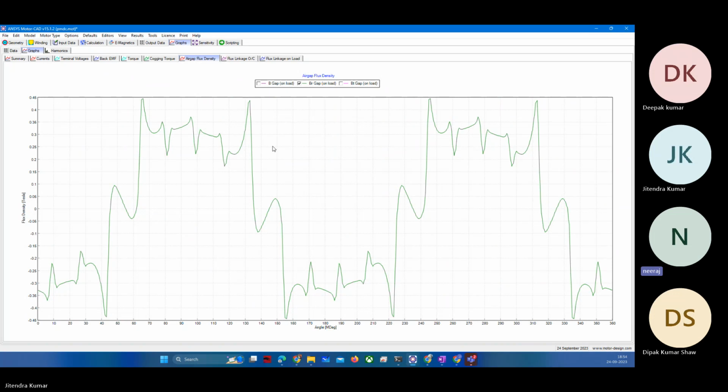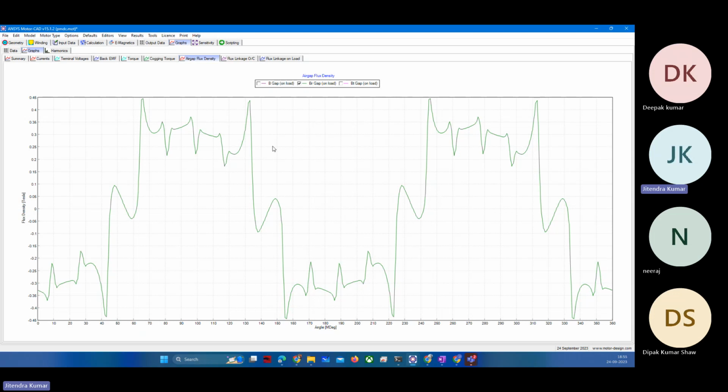It is periodic. Yes, periodic with a certain time period, and it is not constant, right? So it will have some frequency components. But since it is a DC machine and we have to maintain a constant field, that's why we have to use commutators and brushes.